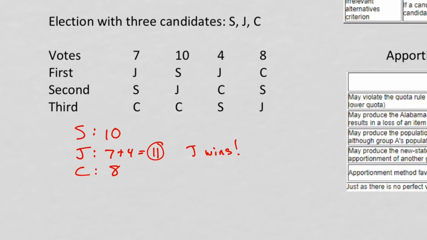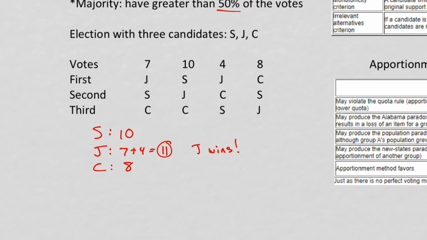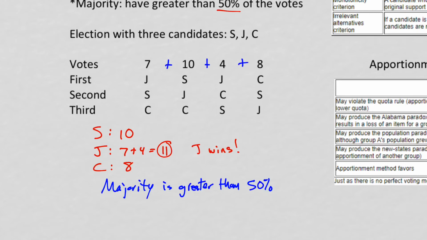Now, did J have a majority? So remember, the majority is more than 50% of the votes. So, did J have more than 50%? Well, we need the totals, so the totals are going to be here. And if you add this up, you get 29.